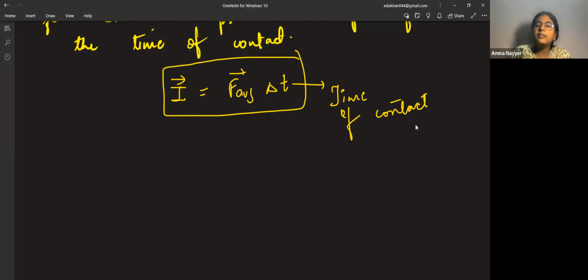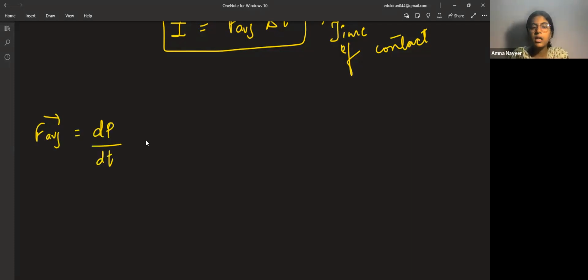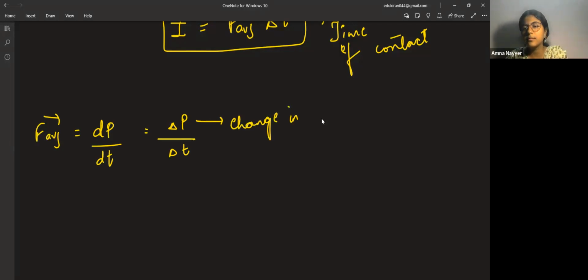Okay. And one more thing, see, what is average force? Basically, the average force, this means that I'm talking about force only. We studied that this is rate of change of momentum, or I can write it as change in momentum by change in time, right? This is the change in momentum, and this is the time duration.